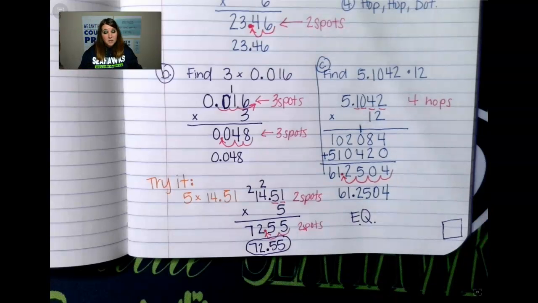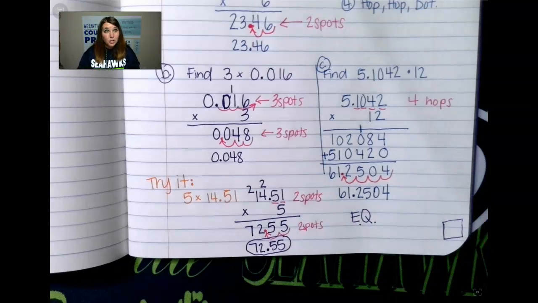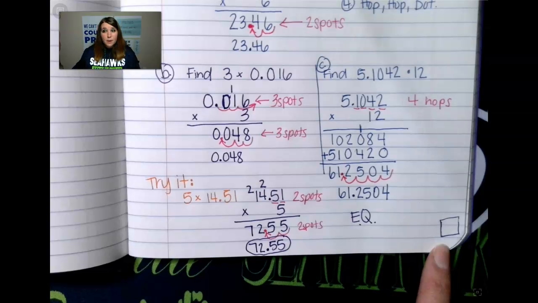How are you doing with this? 1, I have no clue how to multiply decimals, Miss Englander, and I'm going to need to ask for some help. 2, I think I'm doing pretty good with this. I just need to get some more practice in there. Maybe you're at a 3. I can do this. This is awesome. I feel successful, and I'm just ready to go and get my practice right now. So, rate your understanding of where you're at in the box.